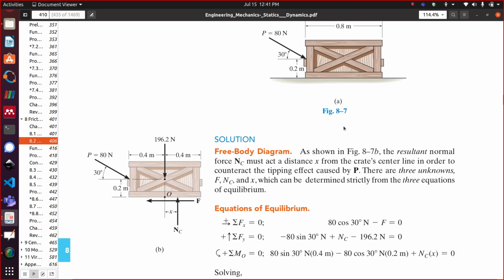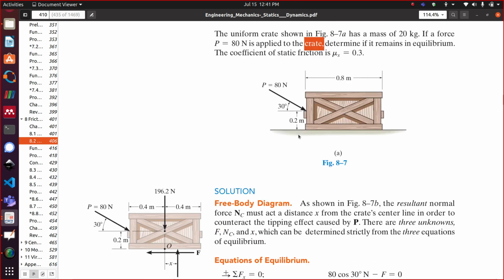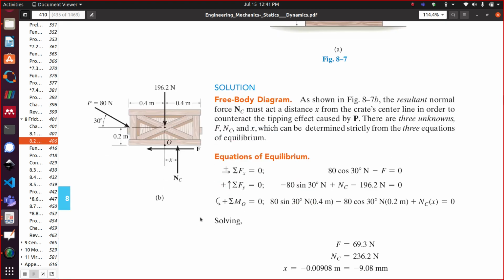So how do we solve this problem? Like in the previous cases, like we have always done, we will draw all external forces on the object and write down the equilibrium equations.